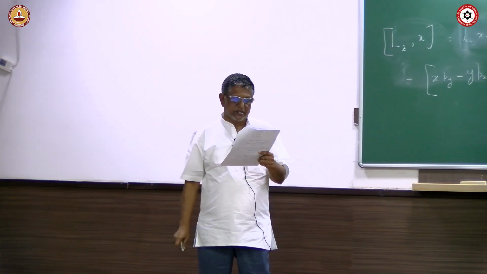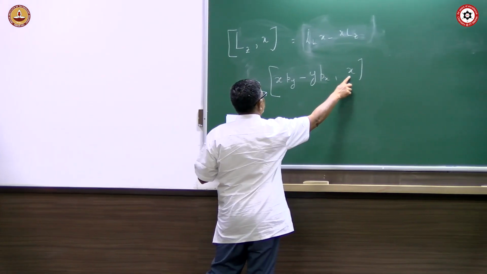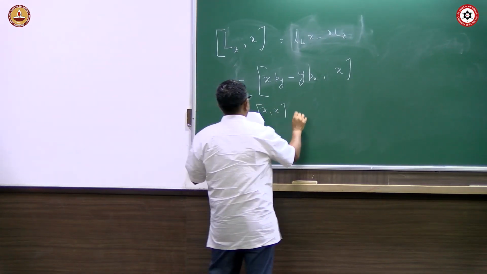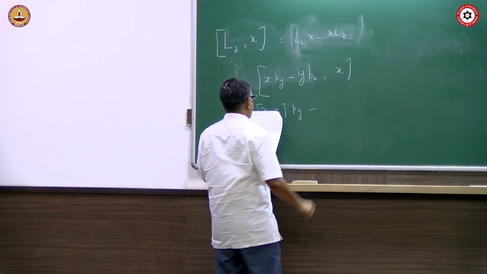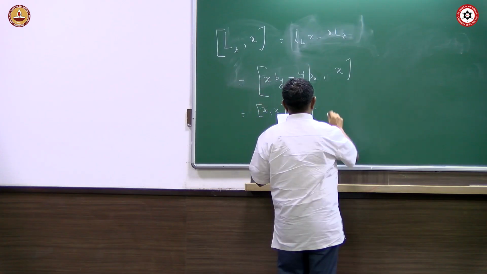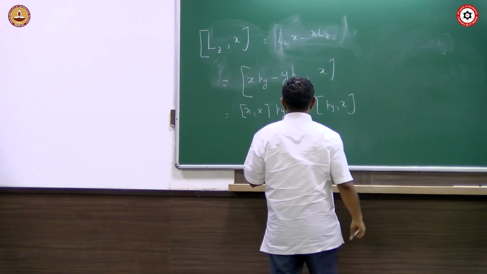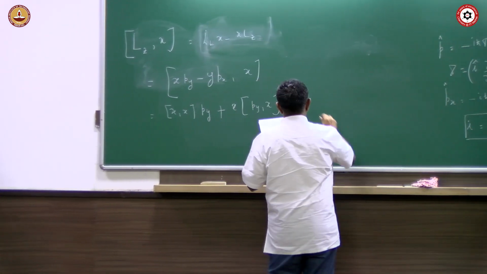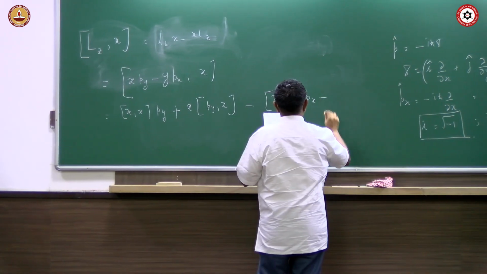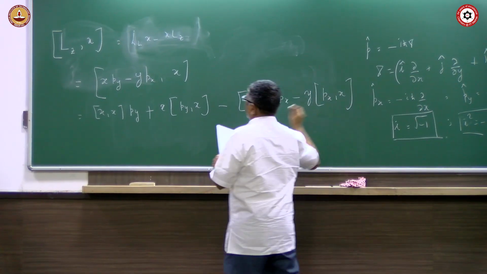Use one of the rules here. Therefore this will come: x comma x commutator times Py, plus x times Py comma x, then the signature minus: y comma x times Px minus y times Px comma x.